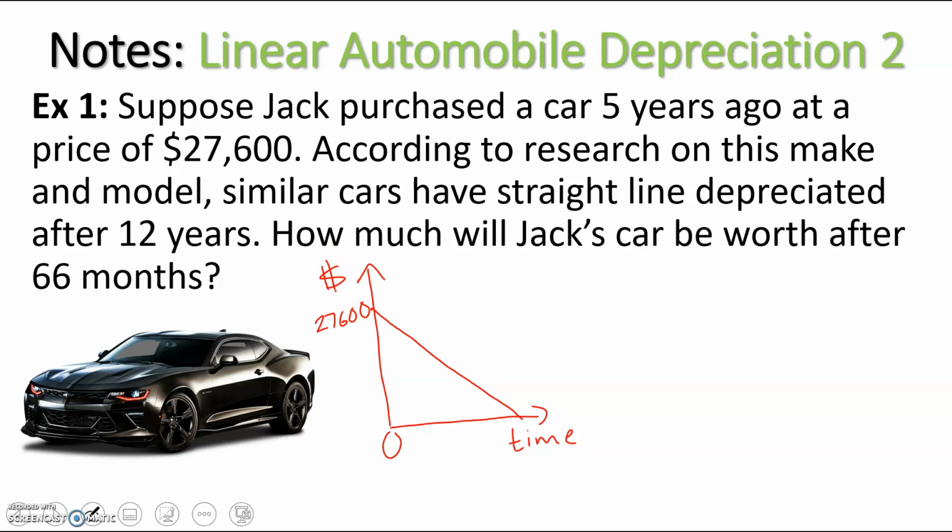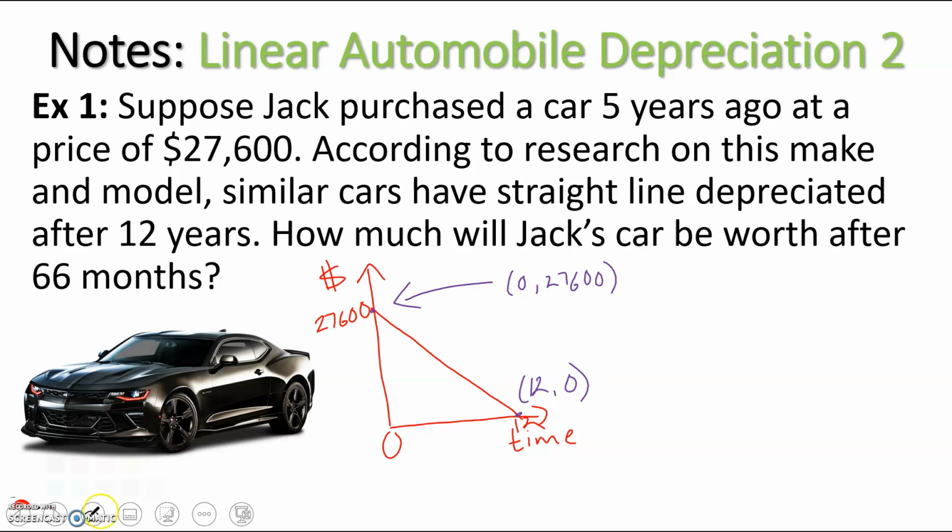And we know that after 12 years, the car is officially worth 0. So we know the coordinates of our intercepts are at 0, 27,600, and at 12, 0.